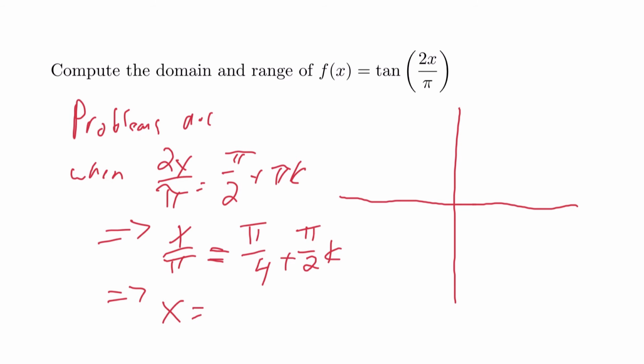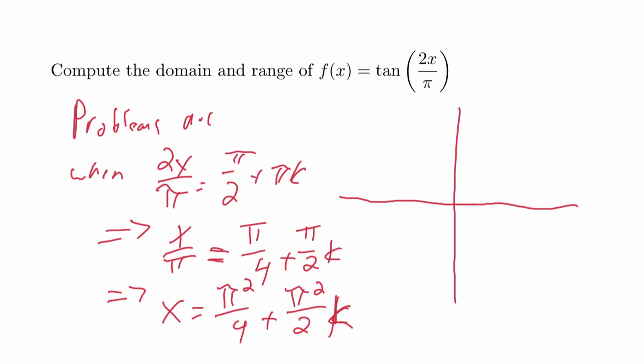So x is equal to pi squared over 4 plus pi squared over 2 k. So these are the things I have to avoid here. So my sketch is something like, well, what's pi squared?